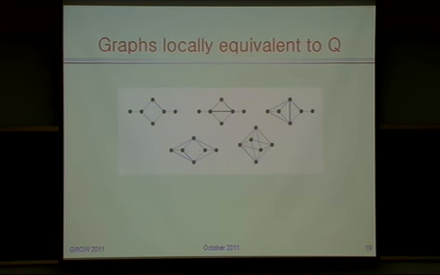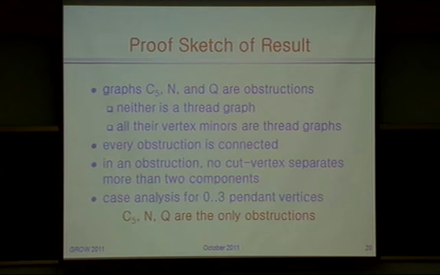So what we are saying is that all of these graphs are the obstructions to linear rank width 1. Of course this is easy to show, but we also have to show that there are no more than these graphs that are obstructions to linear rank width 1.